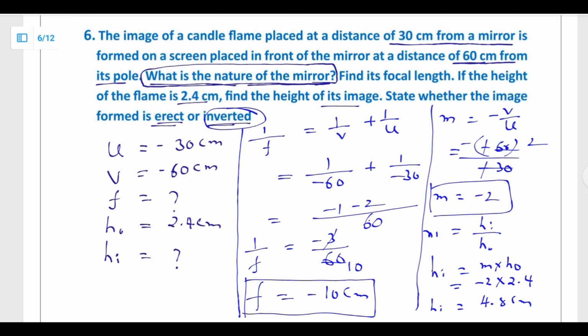So you got an enlarged image on the screen, which is an inverted image because the magnification value is minus. Sorry, the height of the image is minus, which means it is below the principal axis. It is an inverted image. Simply how to remember: all real images are inverted images.